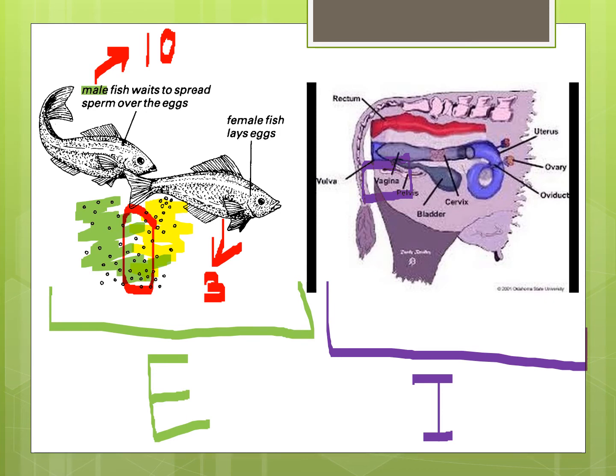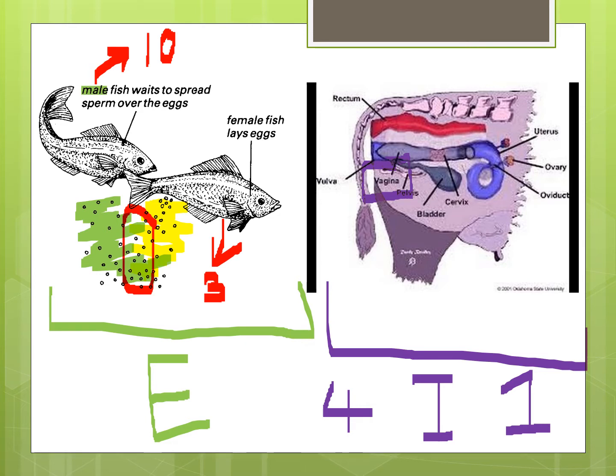And so we find that mammals produce a very small number of sperm cells compared to species that reproduce externally. So your males generally release about 4 billion sperm cells, and your females release 1 egg every month in a process called ovulation.